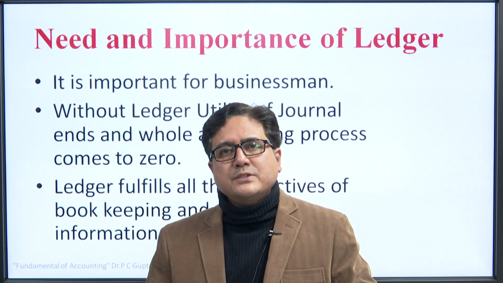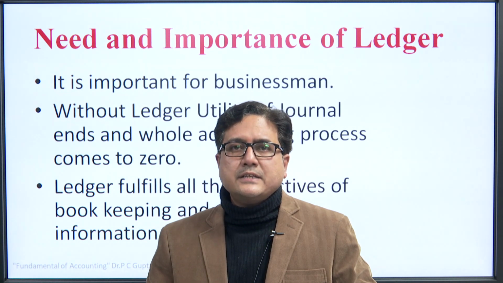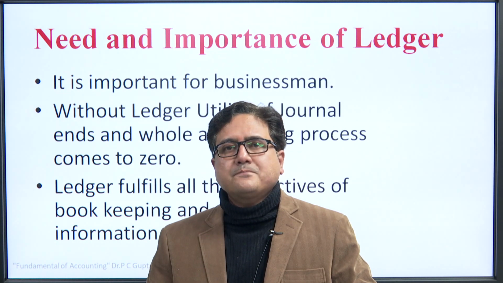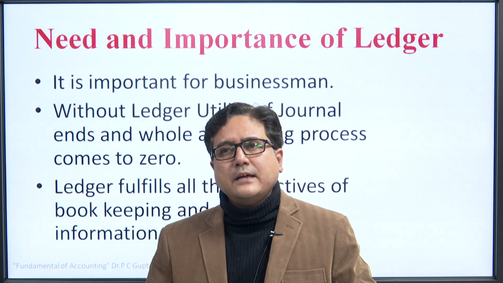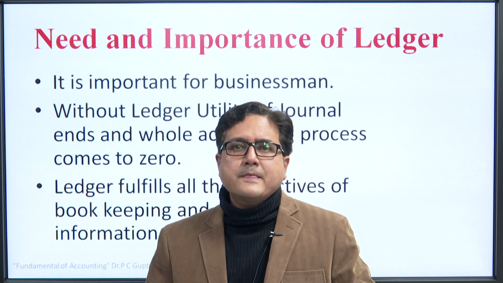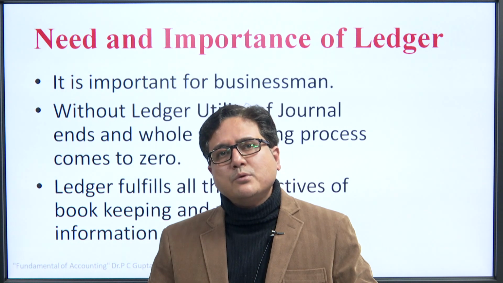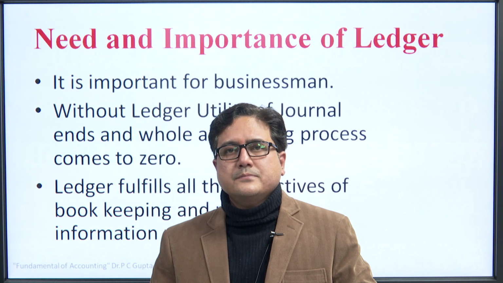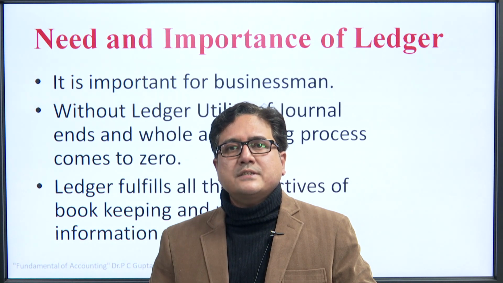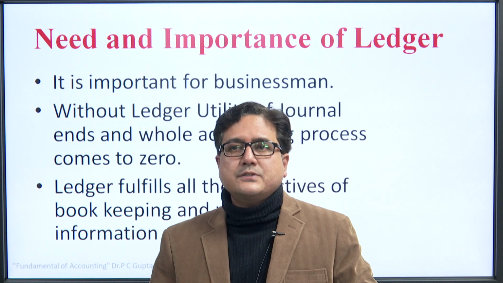All the information which we want to retrieve from the business as an investor, shareholder, customer, general public, government, or taxpayer, we can collect only from the books of accounts, only from the ledgers, not from the journal entries, because ledgers give the summary of each and every transaction.